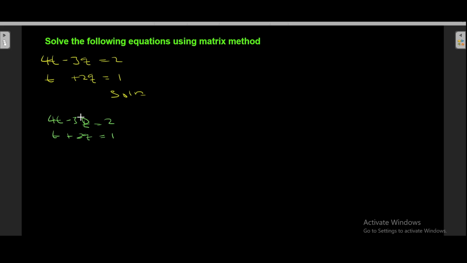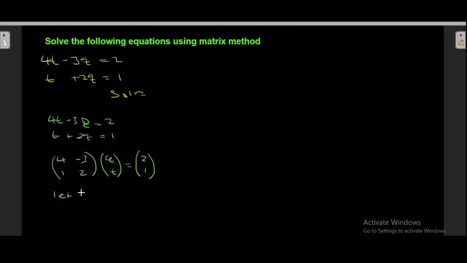In this case, I'll take out all the coefficients and then I'll take out also the unknowns. That means I'll have something like 4, negative 3, 1 and 2. That one I'll take to be a matrix. This matrix I'll multiply with q and then t, close the bracket, equals 2 and 1, close the bracket.